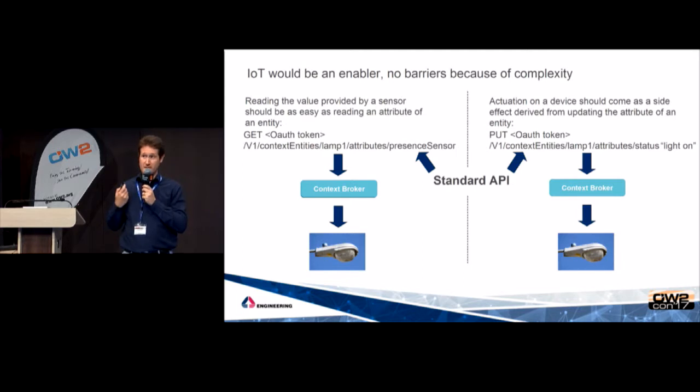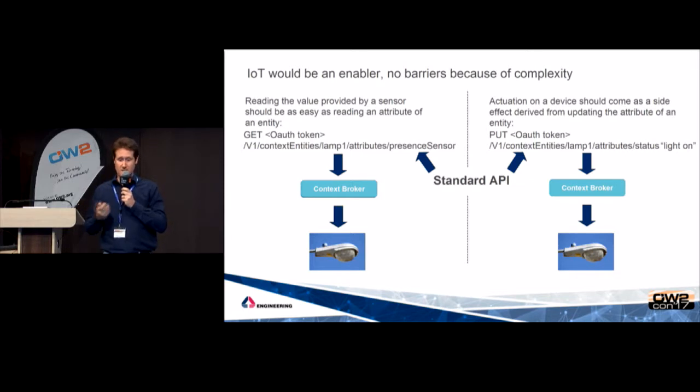And from the developer point of view, it should be very easy to build this kind of application, exploiting the data model and the standard API. Getting the value from a sensor should be as easy as reading an attribute of an entity through a simple HTTP call.